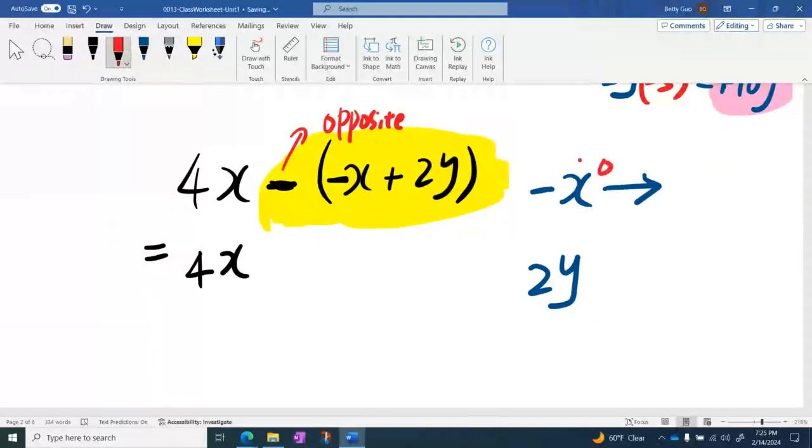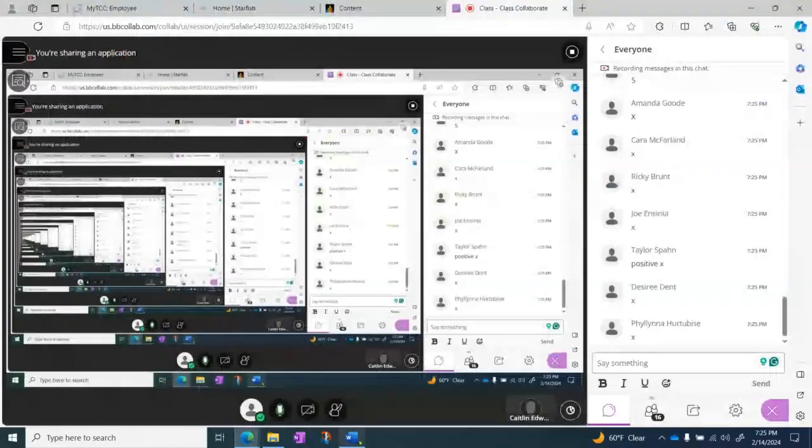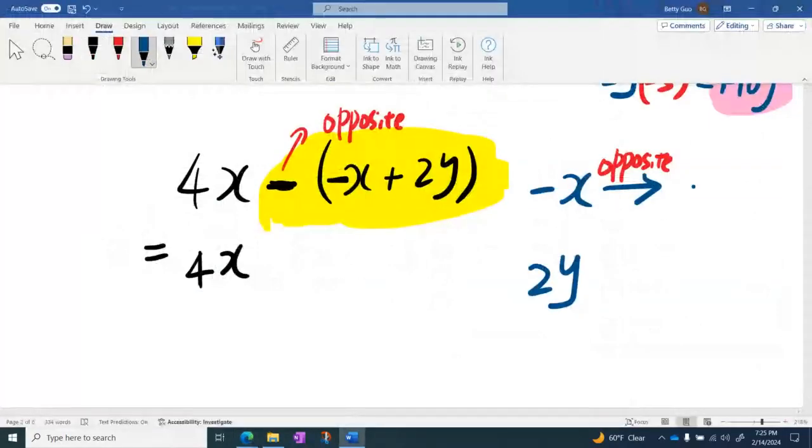We find the opposite of negative x. Positive x. Very good. We have positive x here.